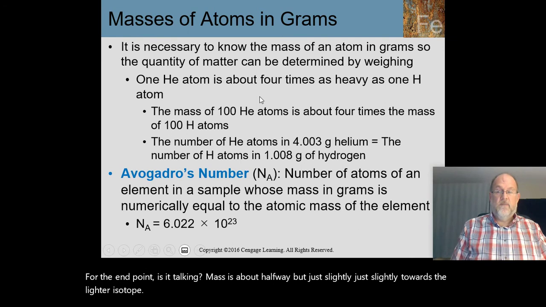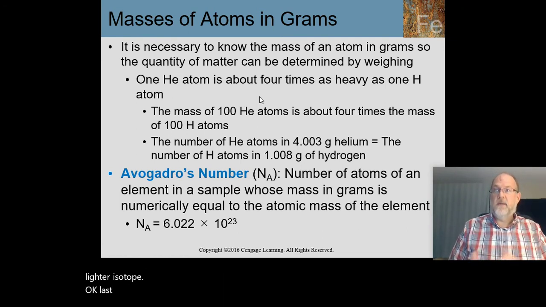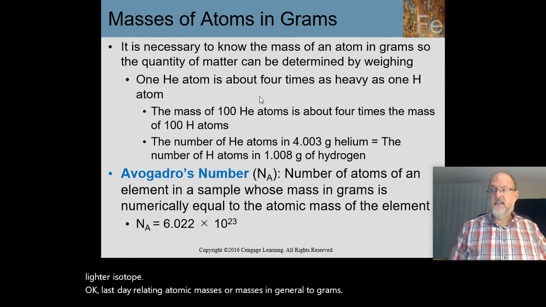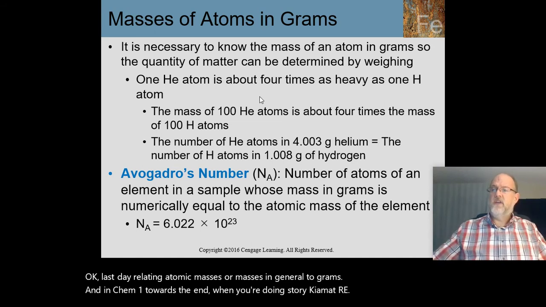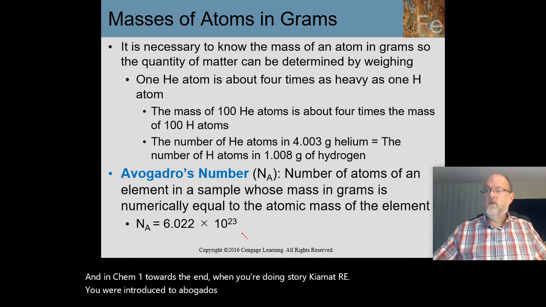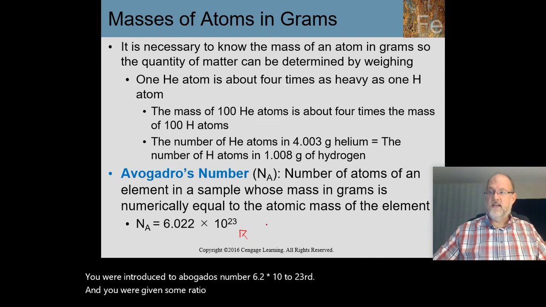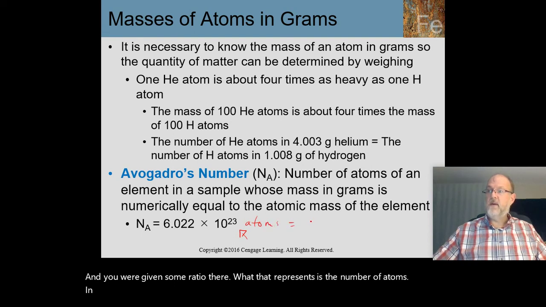Okay, last thing, relating atomic masses or masses in general to grams. In Chem 1, towards the end, when you were doing stoichiometry, you were introduced to Avogadro's number, 6.02 times 10 to the 23rd, and you were given some ratio there. Well, what that represents is the number of atoms in an atomic mass of an element.